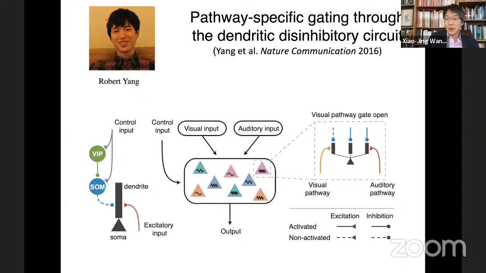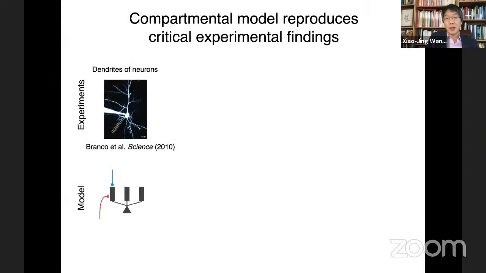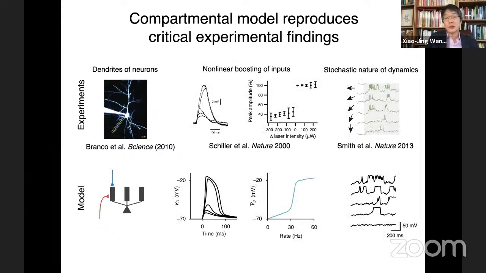What's important is the nonlinear dendritic responses. So Robert Young went to some length to capture the plateau potential in the model, very similar to what's observed experimentally.